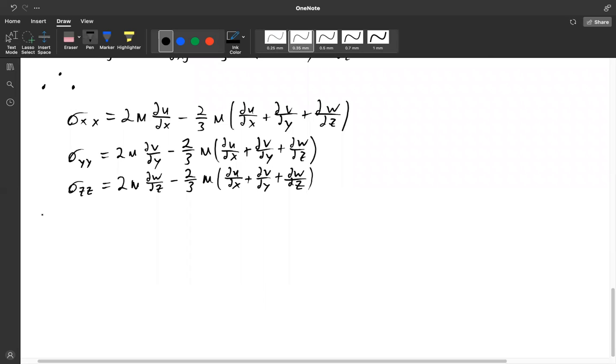Now we have our tau xy and our tau ij terms. Tau xy equals tau yx, which equals mu times partial v partial x plus partial u partial y.